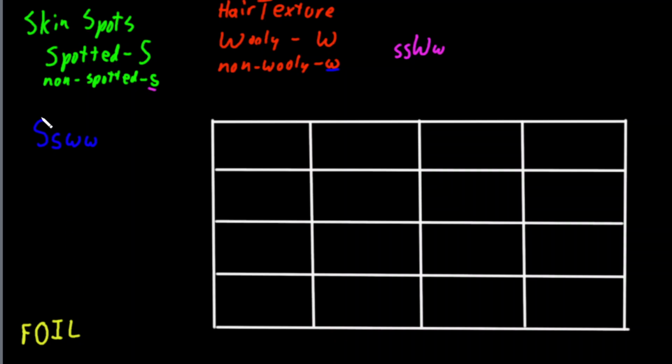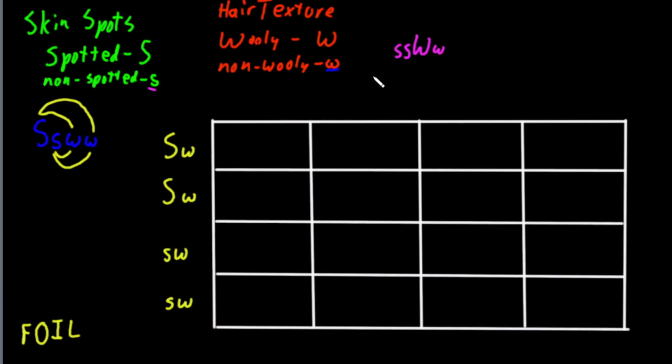Okay, so our first, we've got capital S, lowercase w, outside, again, capital S, lowercase w. Inside, little s, little w. And last, which is little s, little w.